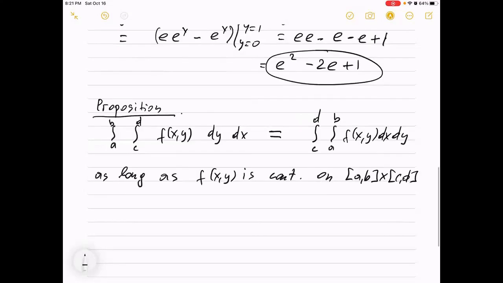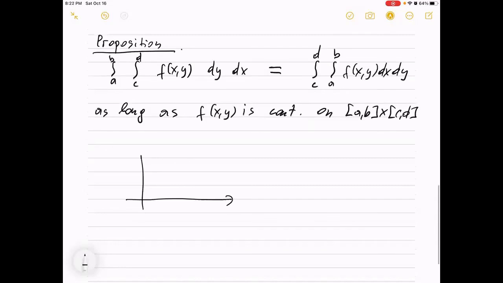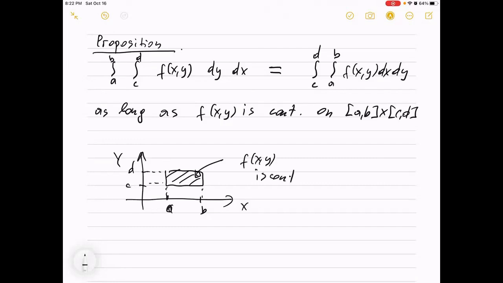By that I mean, if the function is defined on that interval, where x is between a and b and y is between c and d, so on that whole rectangle, as long as the given function is continuous on that whole rectangle, we can switch the iterated integrals.